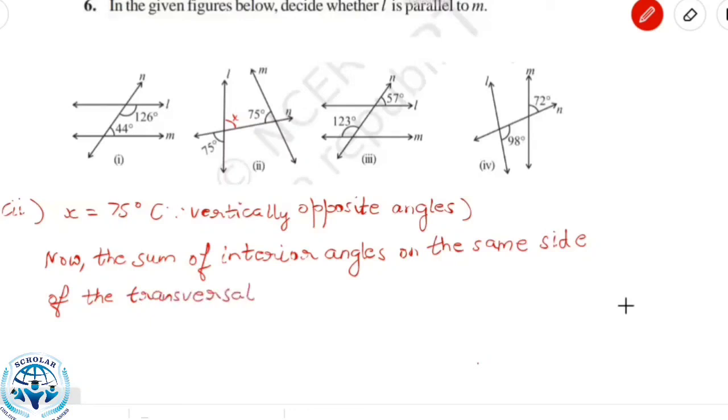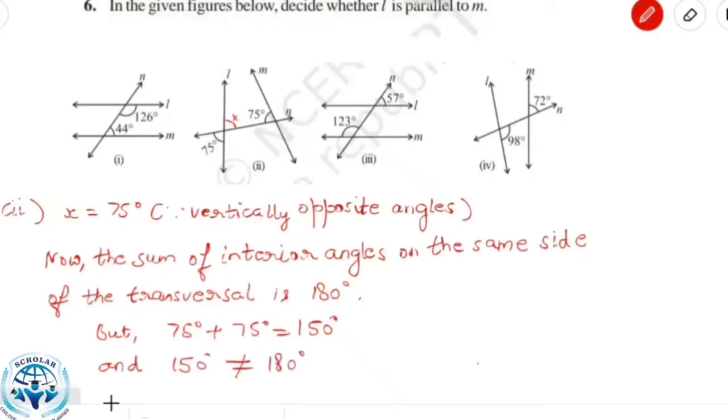And if we add 75 and 75, we will get 150 degrees, which is not equal to 180 degrees. That means again the lines are not parallel. L is not parallel to M.